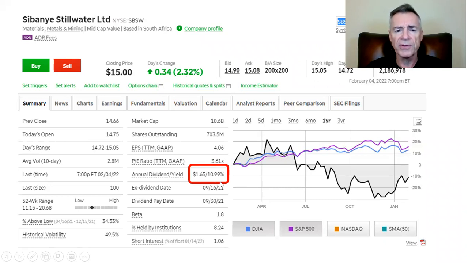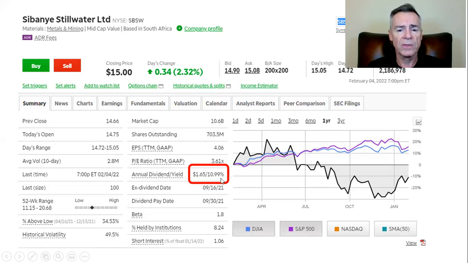Now, the first thing that you got to notice here is that the dividend is not actually 11% or 10.99. It is actually $1.65. It just so happens that $1.65 compared to the current or last closing price of $15 calculates mathematically to 10.99%.